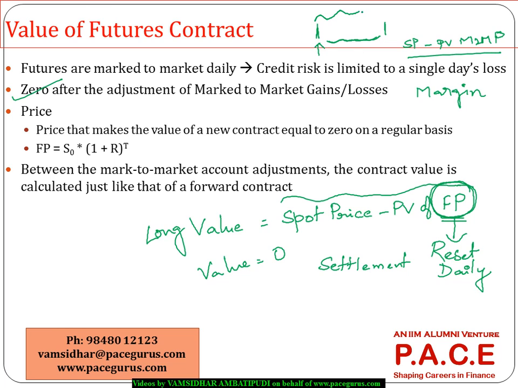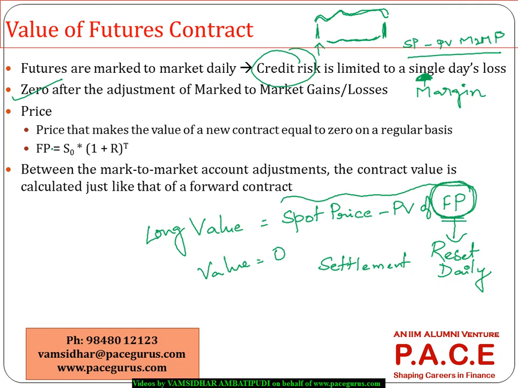So whatever may be the loss that can exist in a futures market, the credit risk is generally limited to a single day's loss, because at the end of the day it is already marked to market and the accounts have been updated accordingly, so there is no pending loss or pending gain to a particular party at the end of the settlement period. Which means the possibility of credit risk is much lower compared to that of a forward market.